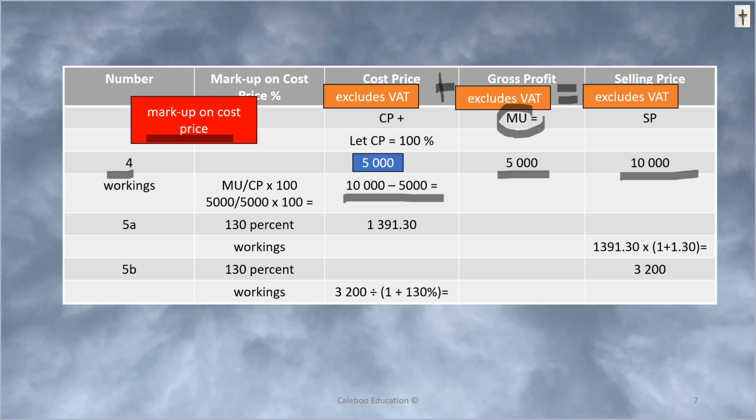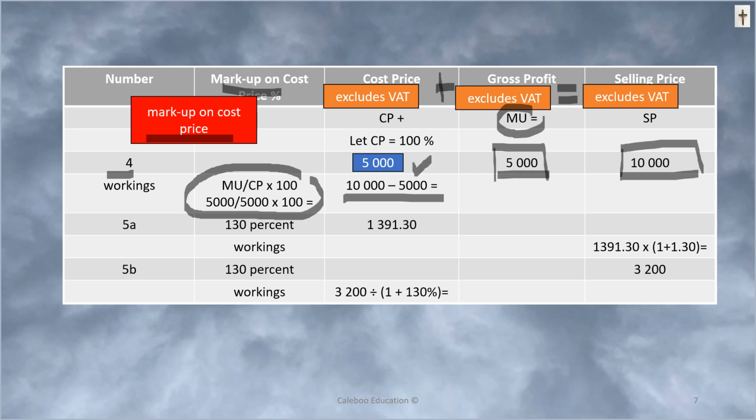Now also missing is the markup on the cost price, because we were given the markup and we were given the selling price. We just calculated the cost price. What we're missing is the percentage. And what we need to calculate, therefore, is just what it says.